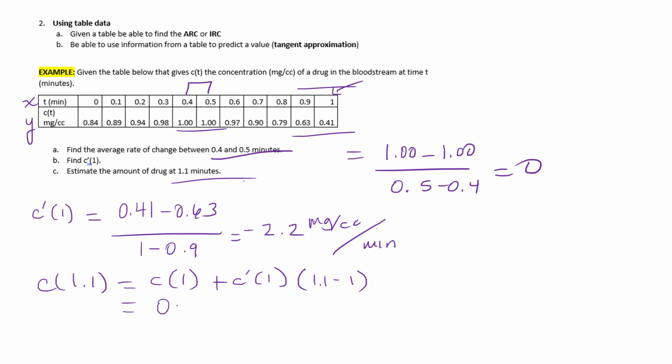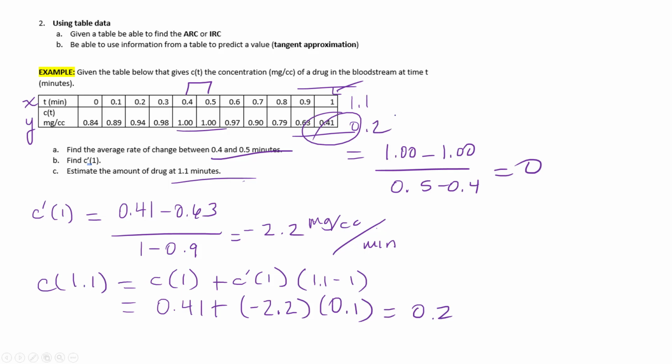So plugging in my values that I have, 0.41, plus what I just found, the negative 2.2 times 0.1, and I get my estimate for 1.1 would be 0.2.